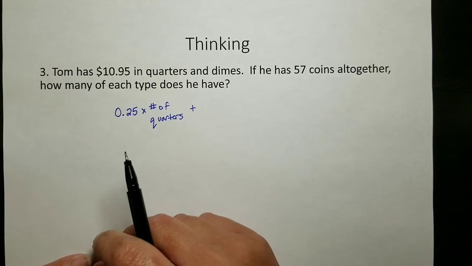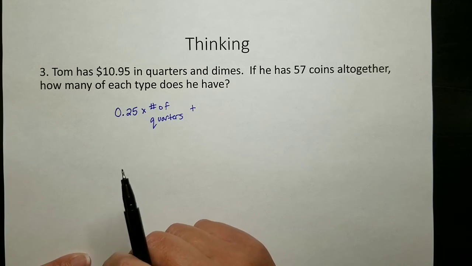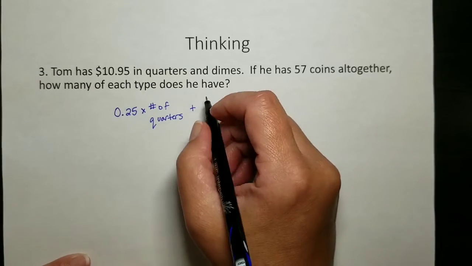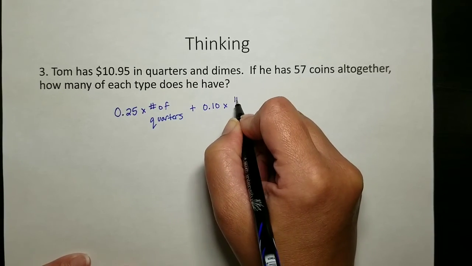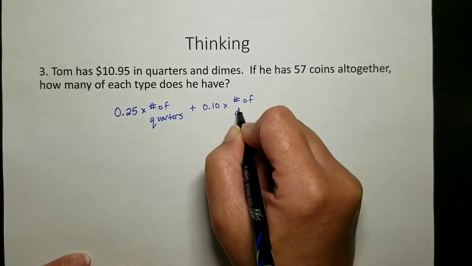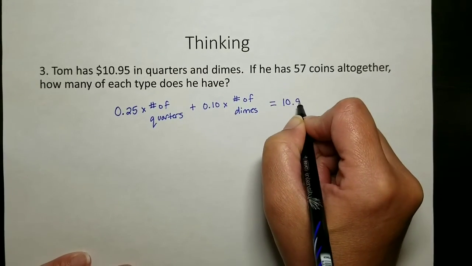If you had 32 dimes, you'd say 0.10, 10 cents times 32. How much money is that? So I'm going to do 0.10 times the number of dimes. We know that that equals $10.95.